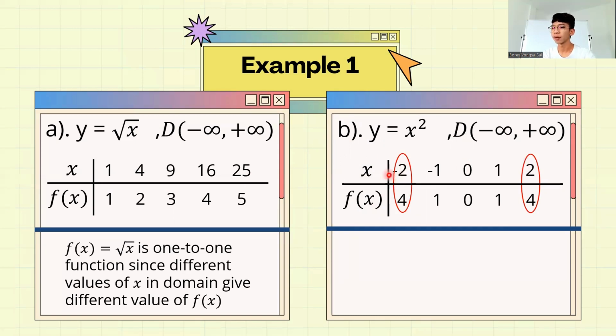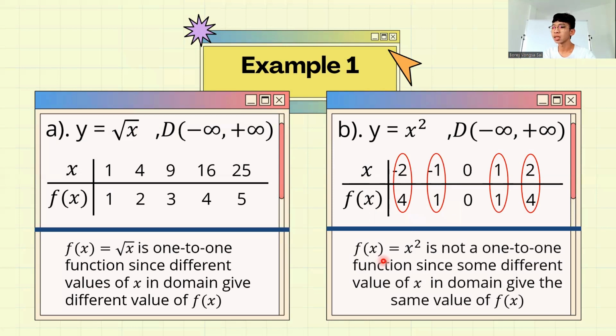These two values of h give the same value of f(h), which is equal to 4, as you can see here. And another one, when h equal to negative 1 and h equal to 1, gives the same value of f(h), which is 1. So f(h) equal to h squared is not a one-to-one function, since some different values of h in the domain give the same value of f(h), as I show in the red circle right here.